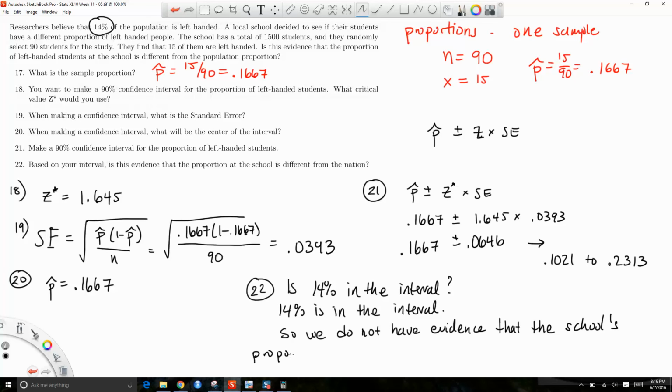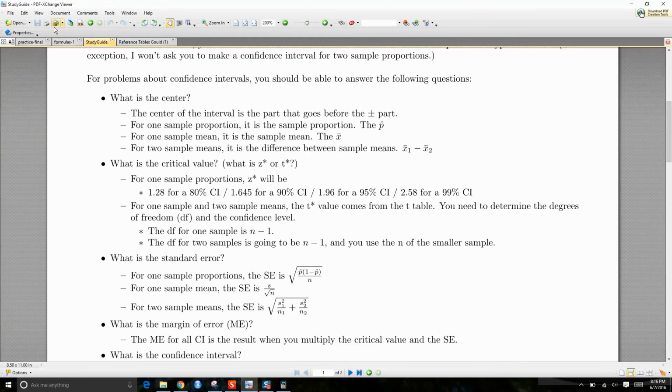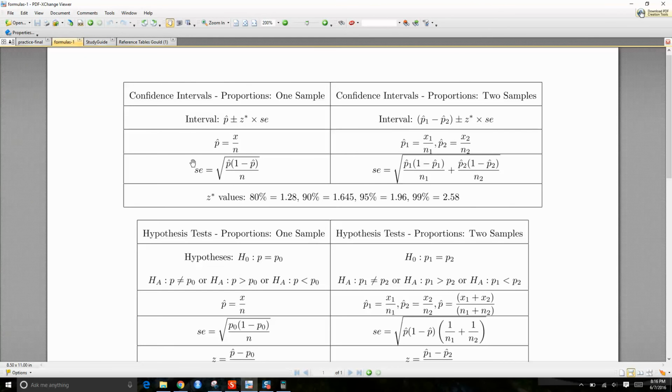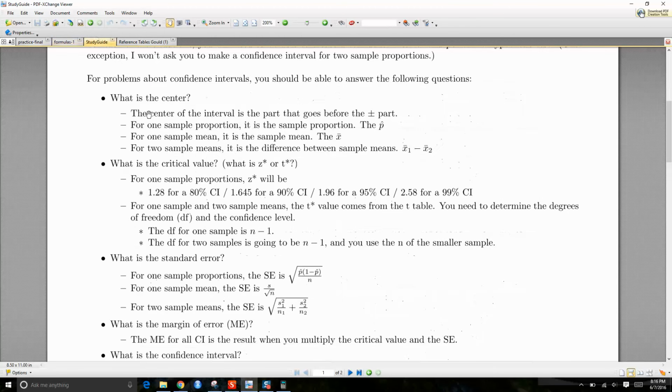How did you get Z star again? There are just 4 values that you kind of need to memorize or know. Those are all listed on your formula sheet and the study guide if you choose to use either of those. On the formula sheet it says Z star values. These are the 4 that you need. And on the study guide, the critical values are also listed right here.